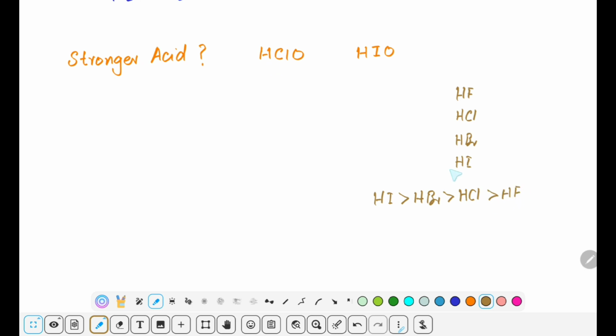But in oxyacids, the trend is reversed, which means HIO will be a weaker acid than HBrO, hypobromous acid, which is weaker than HClO. Fluorine does not form such types of acid because it can never exist in a positive oxidation state. So in this example, electronegativity answers it. The more electronegative the halogen, the stronger the acid. So the answer is that HClO, hypochlorous acid, is stronger than HIO, hypoiodous acid.